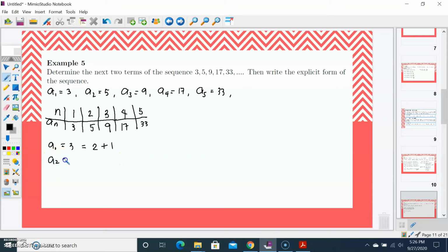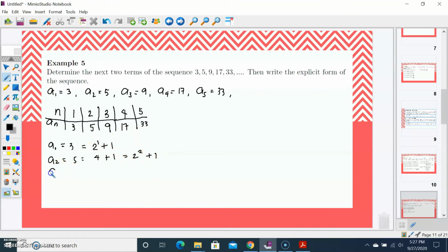A sub 2, which is equal to 5, can be written as 4 plus 1. But 4, I can rewrite as 2 squared plus 1. Actually, I can rewrite 2 as 2 raised to 1. Or simply, I will put 1 here.